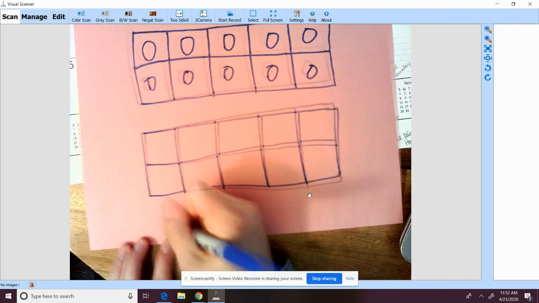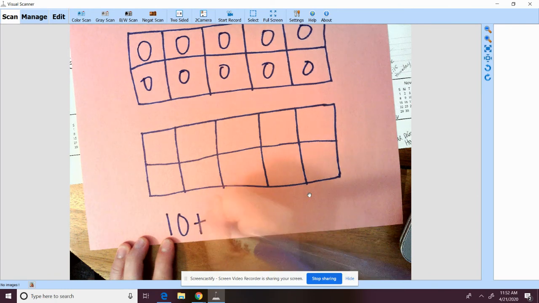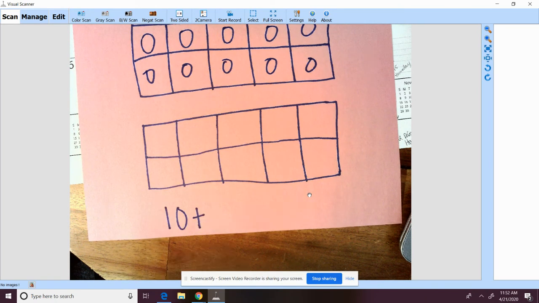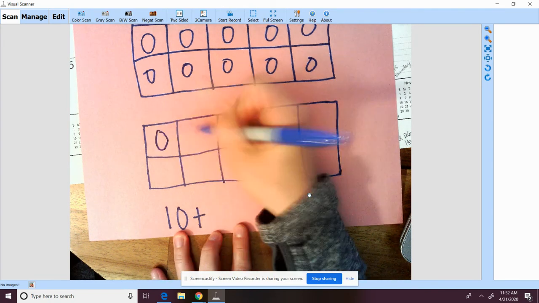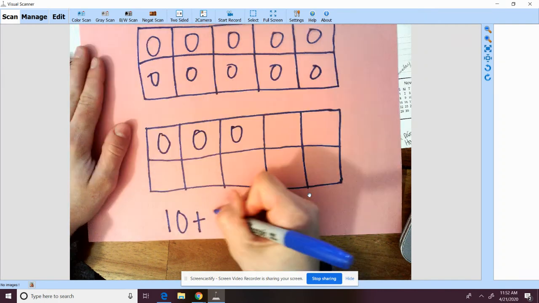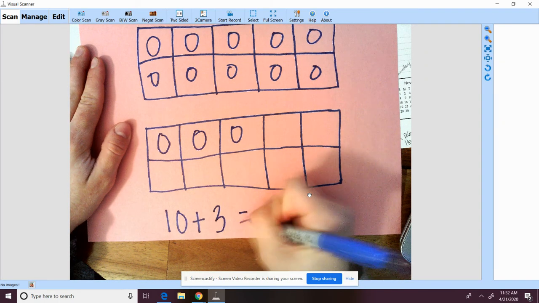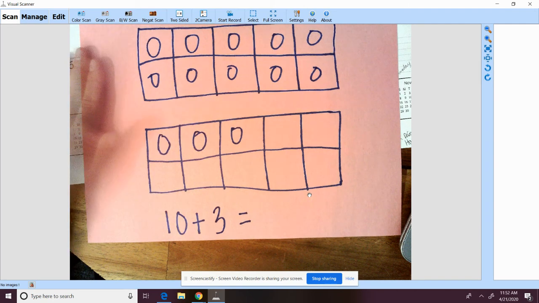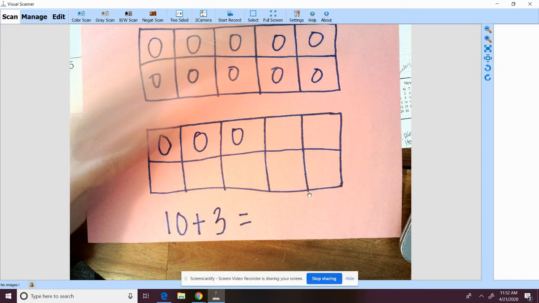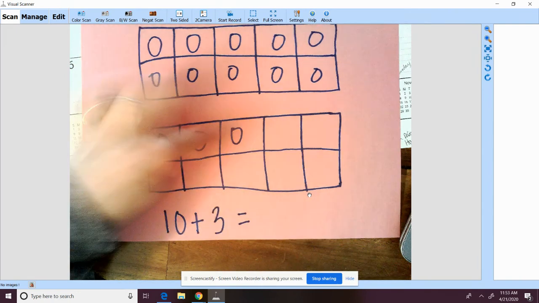So I'd have 10 plus, and then they're going to tell you to add a number today. So they might tell you to add 1 or add 2 or add 3. So if they tell us to add 3 more counters in that second 10 frame, it would be plus 3 equals, and remember now we can count on because we know that we have a full 10 frame. So 10, 11, 12, 13.